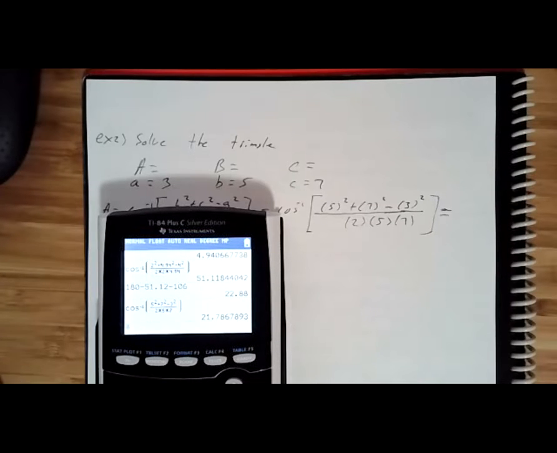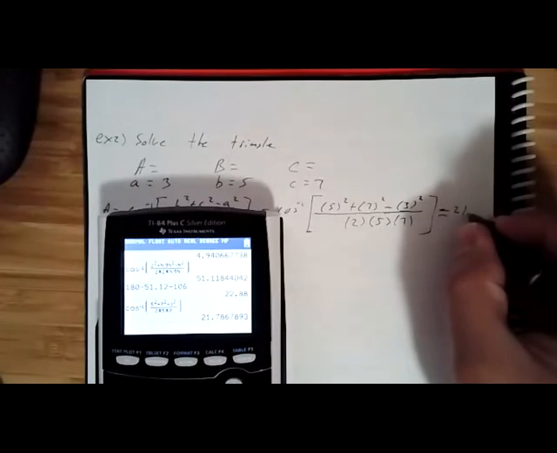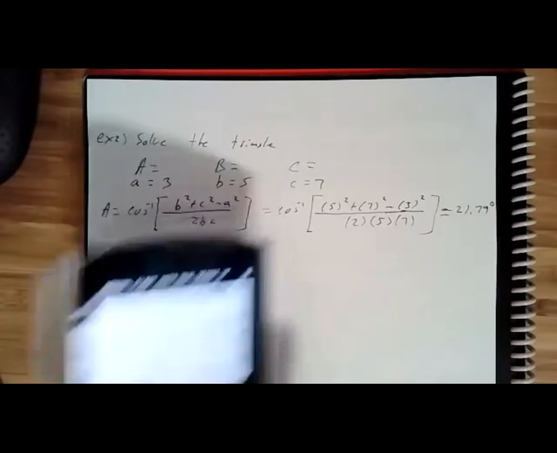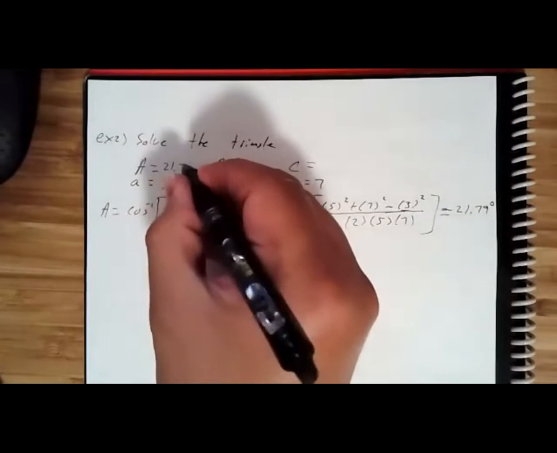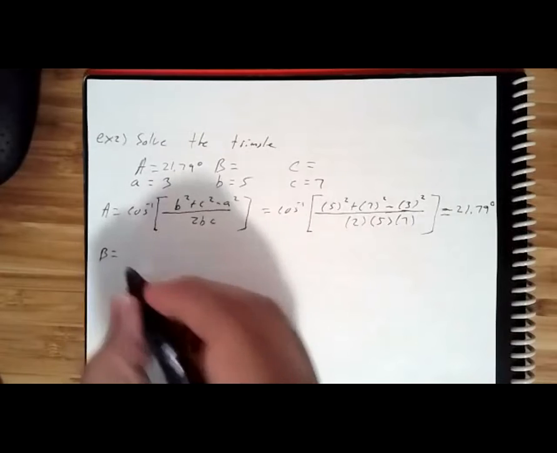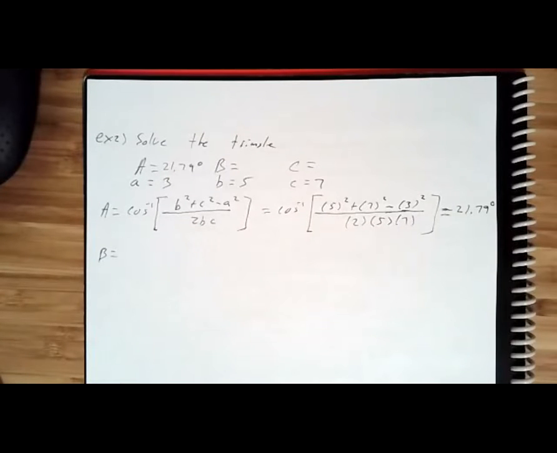So one angle is 21.79 degrees. Angle A is 21.79 degrees.